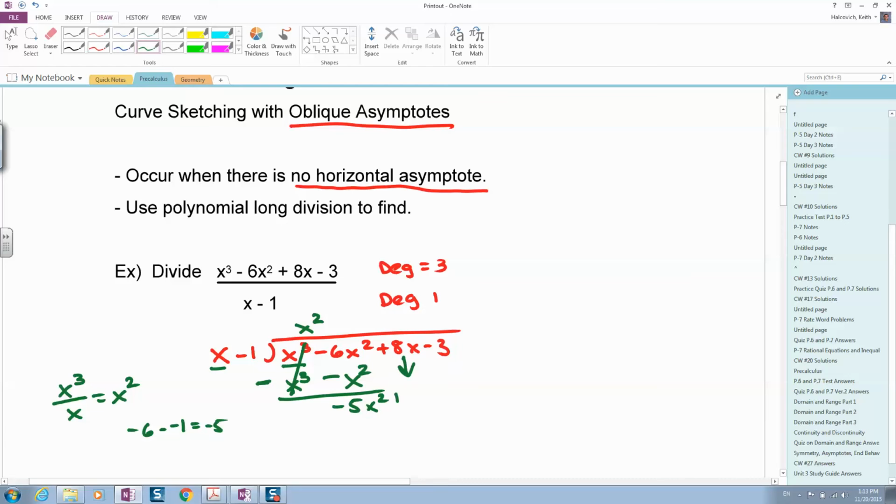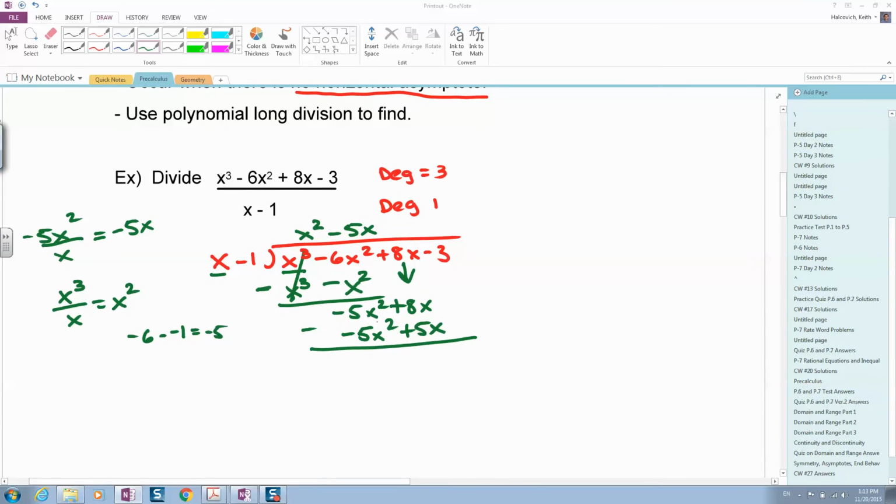Then you bring down the 8x. Then you do the same thing again. You go negative 5x squared divided by x, and you get negative 5x. So then you multiply, so you get negative 5x squared plus 5x, subtract, and then when you subtract down you get 3x minus 3, and then 3x divided by x gives you 3.